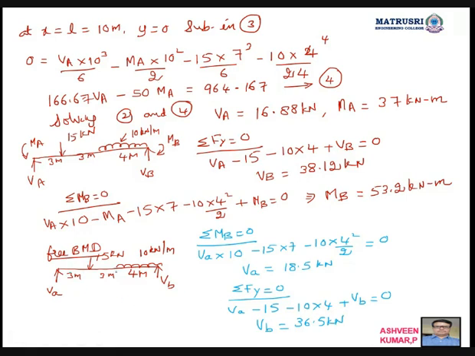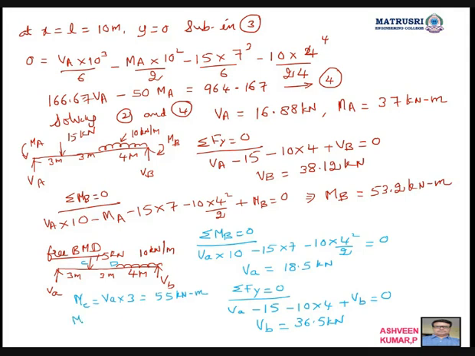So what should I get here now? I have taken AB, this point is C, and this is D. I want MC and MD, small MC and small MD. So how to get them now? Anybody? MC is equal to VA into 3, VA is 18.5, so 18.5 into 3. I got 55 kilonewton meter.